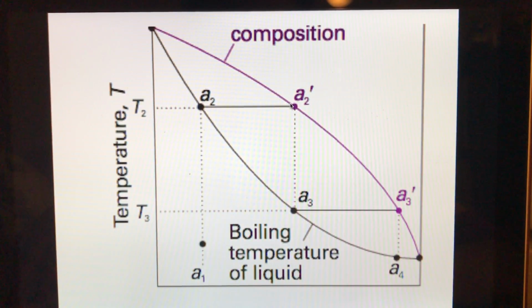If that vapor is condensed to A3 or below, the resulting condensate boils at T3, this is T3 here, and gives rise to a vapor of composition represented by A3 prime. As the succession of vaporizations and condensations is continued, the composition of the distillate moves towards pure A, the more volatile component, and pure A would be here, A4 in that case.